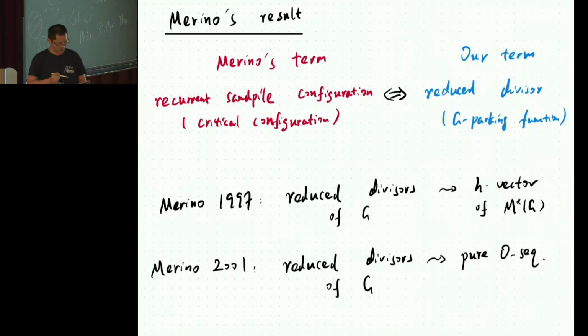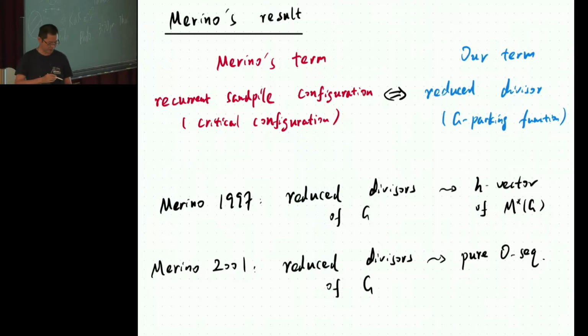Let's see. Here I want to explain Marino's result a little bit. If you search online, you will find Marino's paper is in terms of recurrent sandpile configurations, or sometimes called critical configurations. I need to change the term here. Our term is reduced divisor, or sometimes we call it G-parking function. You need to believe they are equivalent. They are not the same object, but they are equivalent.